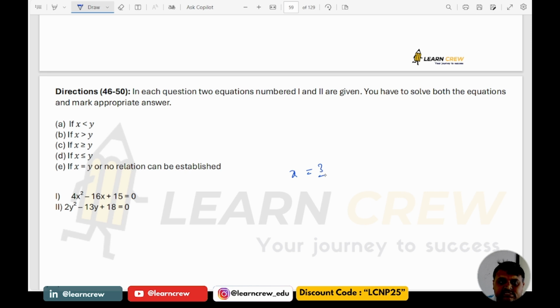So I will get x is 3 by 2, 5 by 2, and y as 2 into 18 is 36. 36 means 9, 4, so I am going to get 9 by 2 and 4 by 2 is 2. Okay. So definitely here 3 by 2 is less than 2, but 5 by 2 is greater than 2. So here relationship can't be established.